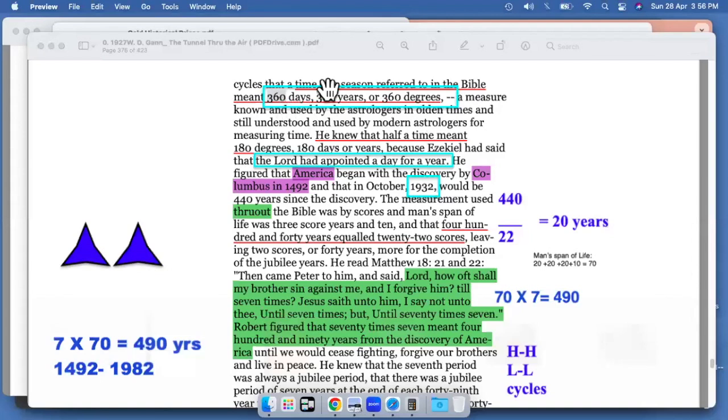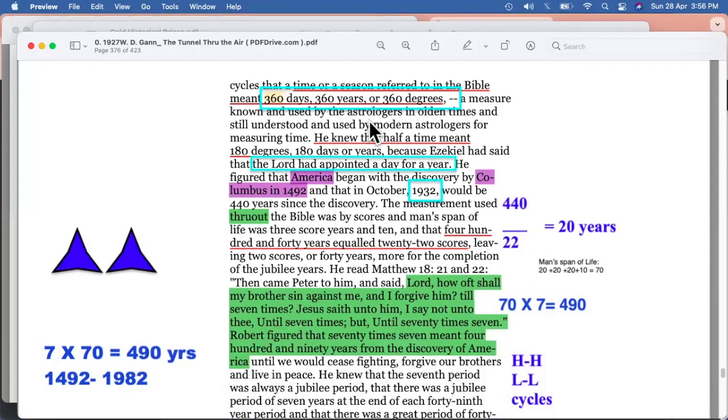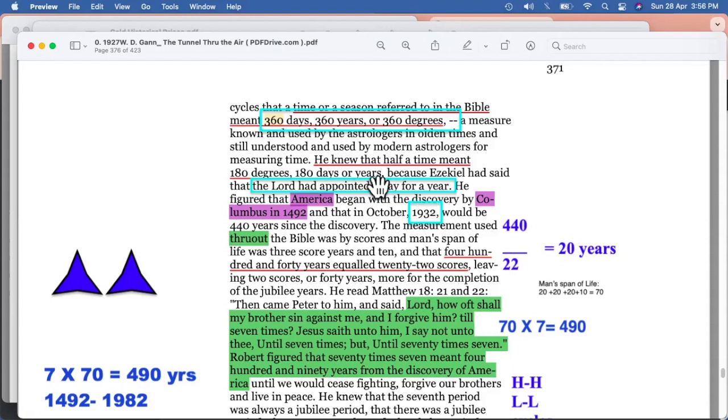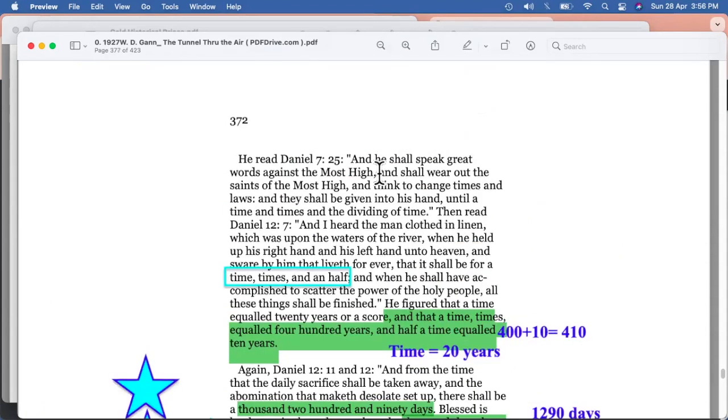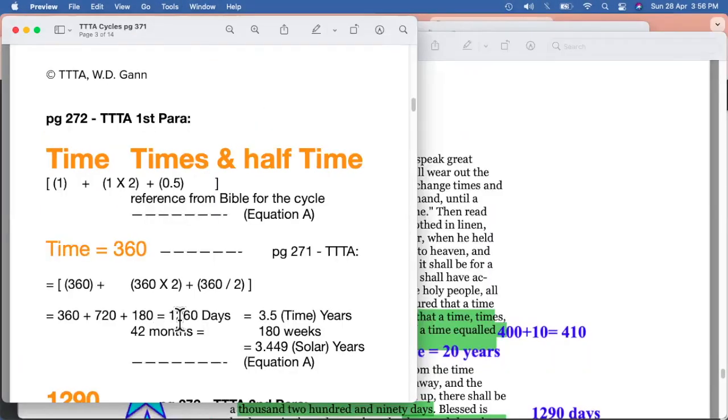If we consider 360 years, and for the second part, time, times and a half, and even if we consider a day for a year, we can consider 3.5 years, or 1260 years on the basis of this part, which actually takes us to 1260.